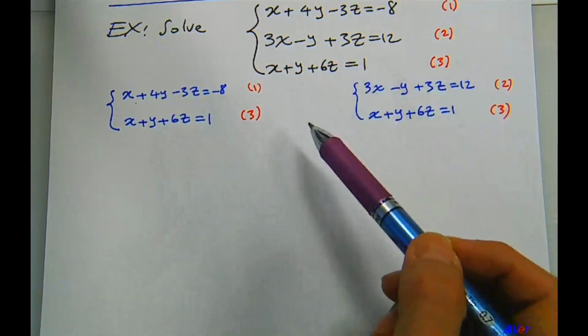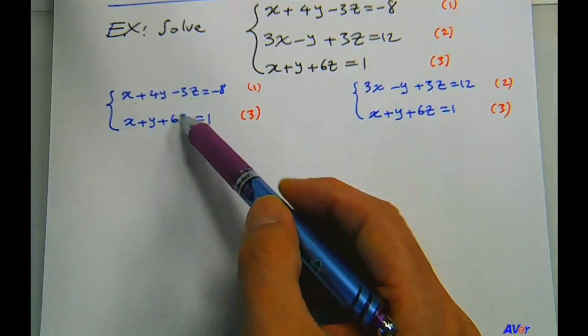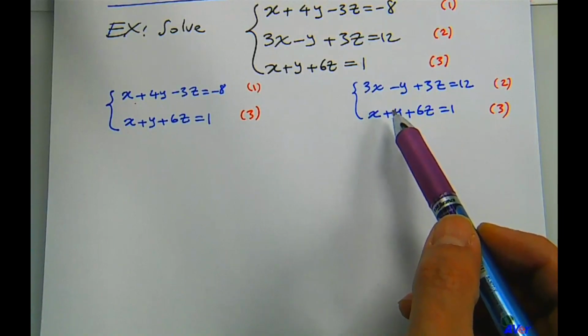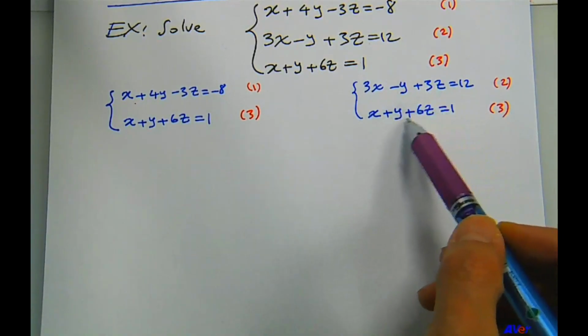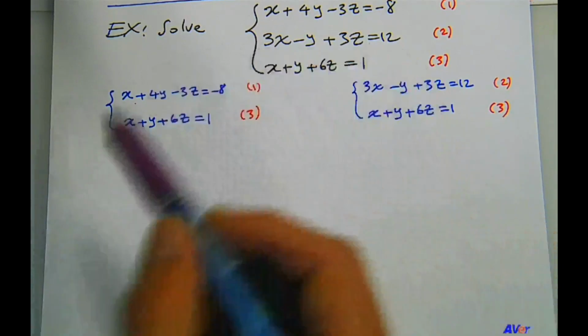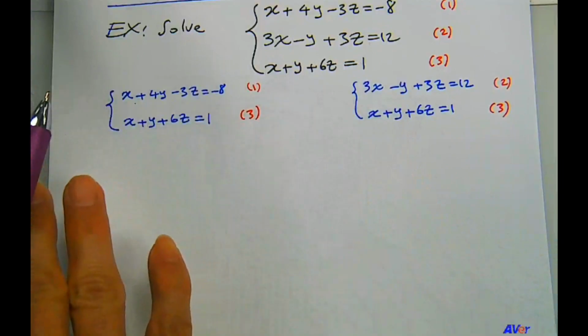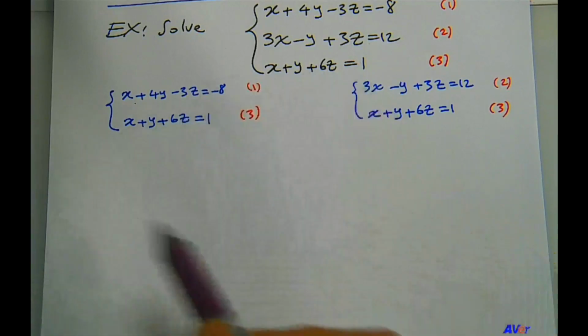But once you make that choice for this pair, for the other pair, you must eliminate the same variable. You can't eliminate another variable from this one. So you can pick which variable to choose at the beginning, but once you make that choice, it'll be the same variable that you must eliminate from both pairs.